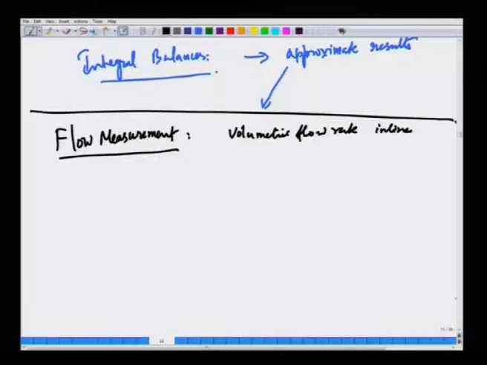The question is how are we going to measure the flow rate as it is flowing through a pipeline network to an equipment such as a chemical reactor. Well, one simple way to measure flow rate is to go to the end of the pipeline system, collect the amount of fluid that flows in a particular amount of time, and if everything is in steady state, you will get some measure of the volume that has flown per unit time, just by dividing the volume collected by the time over which you collected it.